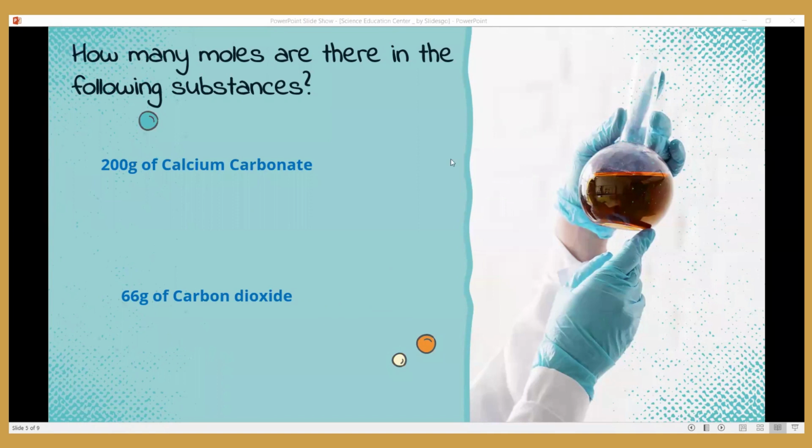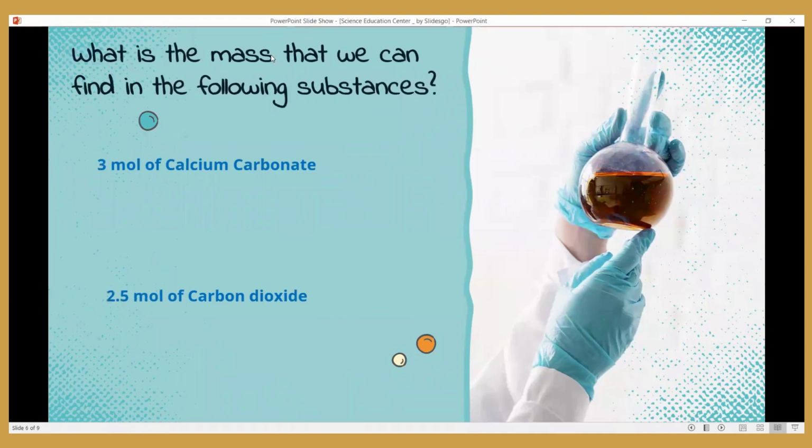Let's move ahead. This question is to find the mass when the number of moles are given. So obviously, again, we have to find out the molar mass. So calcium carbonate, we worked this out in the previous slide. Obviously, the molar mass is 100 gram per mole. So n equal m over Mr, that is number of moles equal mass over molar mass.